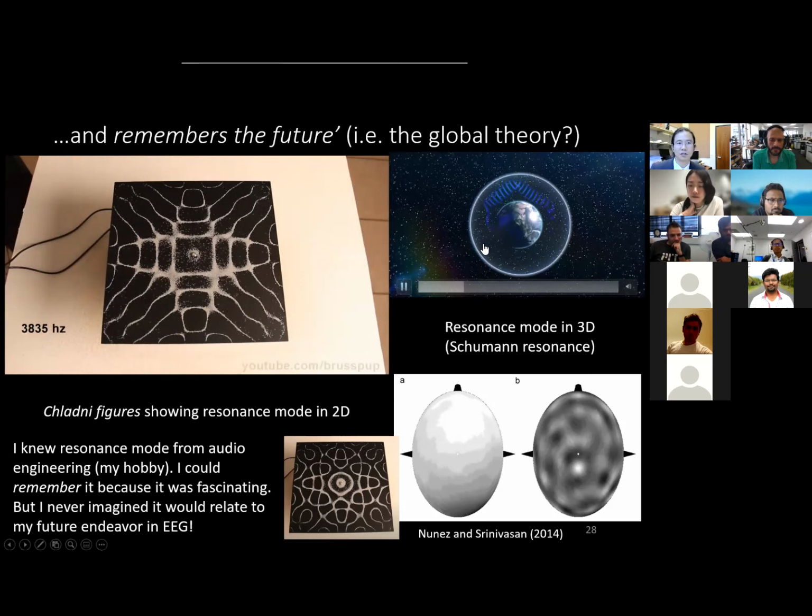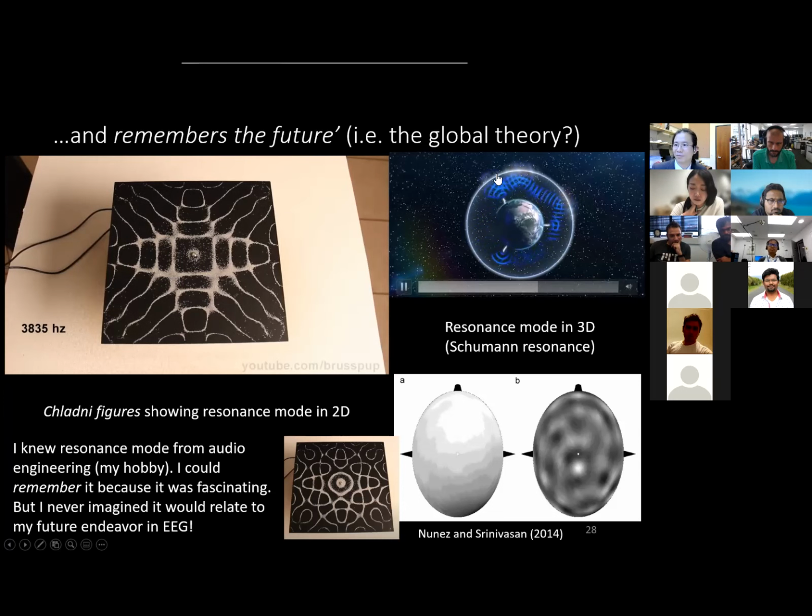So there is a lightning bolt somewhere on the Earth. And there is an air layer here, right? And this layer of the air forms the cavity, and that makes a resonance.